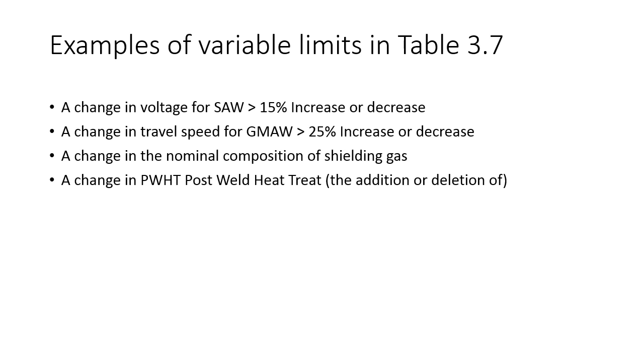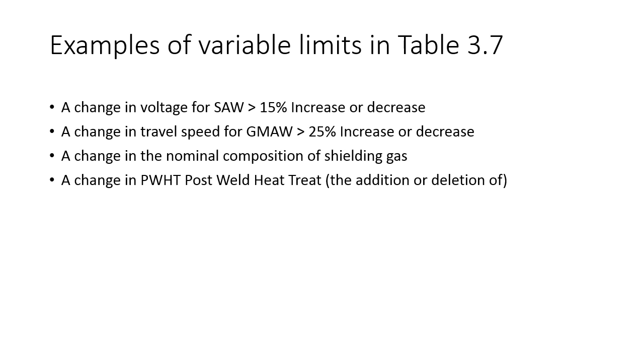Okay, so on Table 3.7, there are some variable limitations. If you have your procedure written for a certain voltage, call it 27 volts, and you're going to increase it by 15% or decrease it by 15%, you've got to write a new procedure. A change in the travel speed for gas metal arc welding, a 25% increase or decrease, you've got to address it.